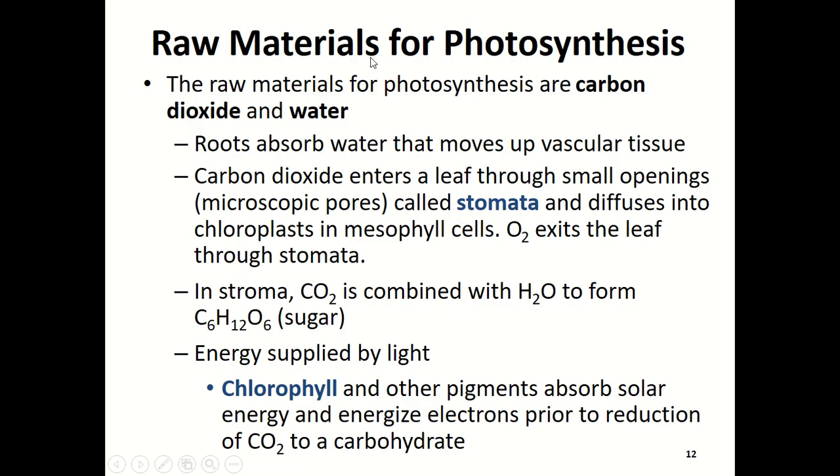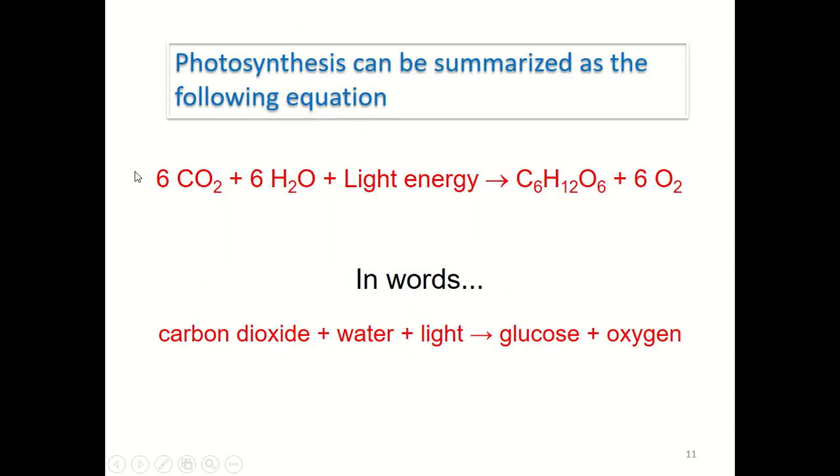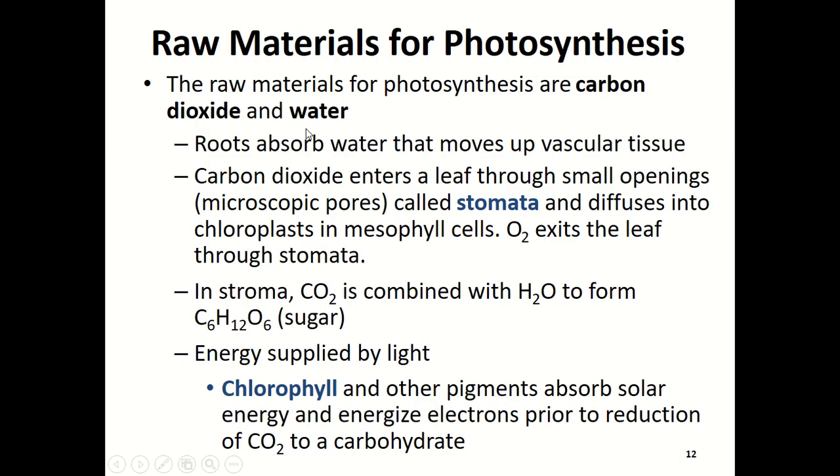The raw materials for photosynthesis are carbon dioxide and water. So where do we get the water? The water is absorbed by the roots and transferred up by the vascular tissue, which is the xylem.